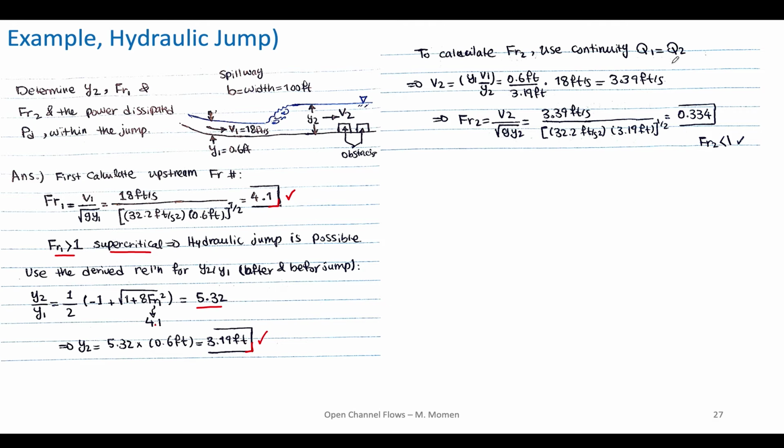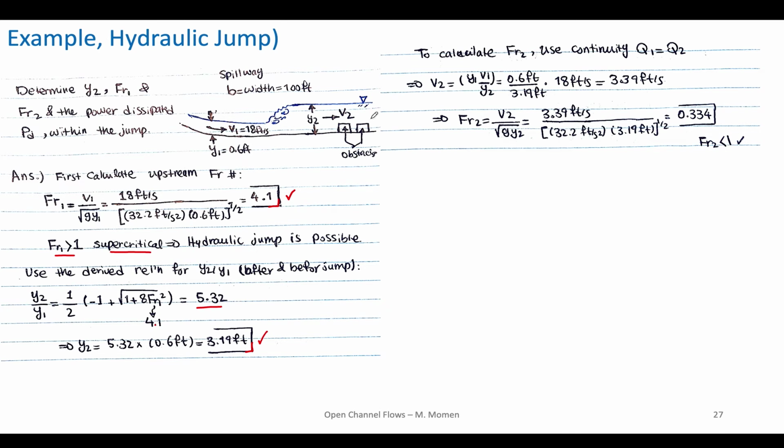So we set Q1 equals Q2. Based on that, we get V2 times Y2, because B, the width of the channel, is 100 foot, is constant, it's a rectangular channel. And so we get the relation where V2 equals Y1 times V1 over Y2.